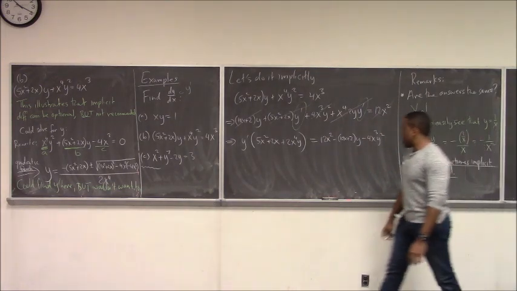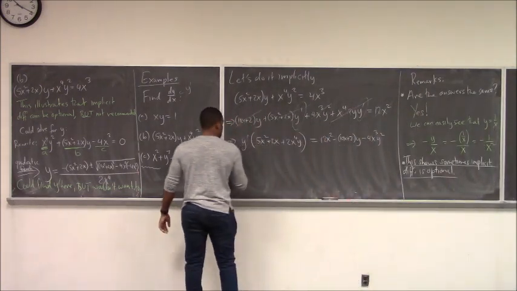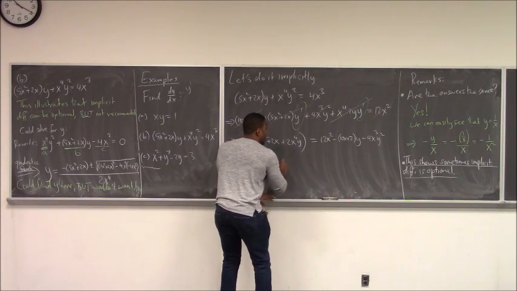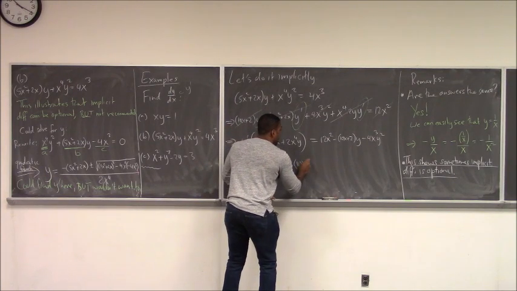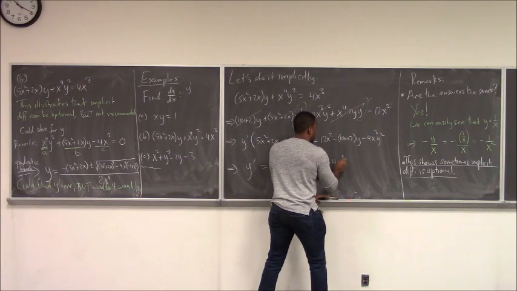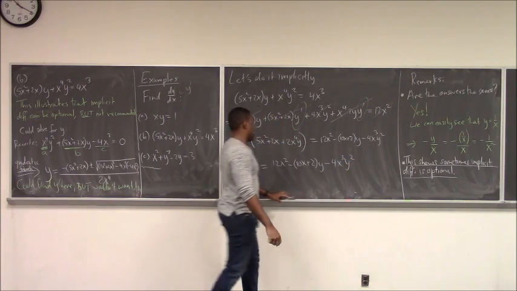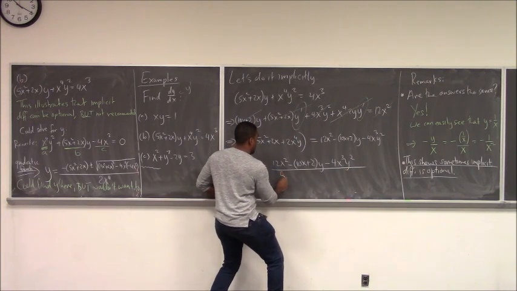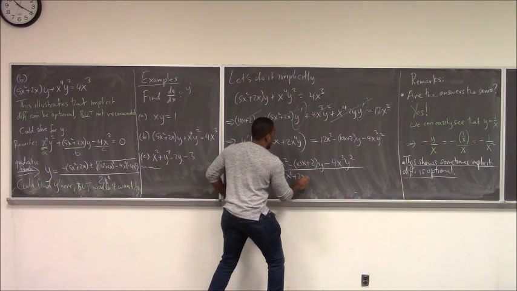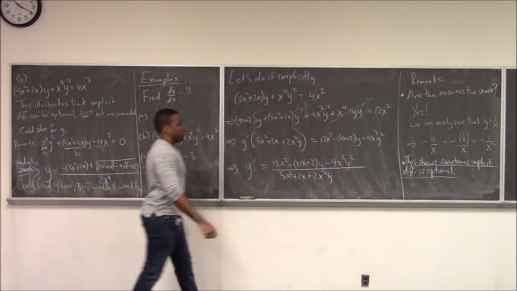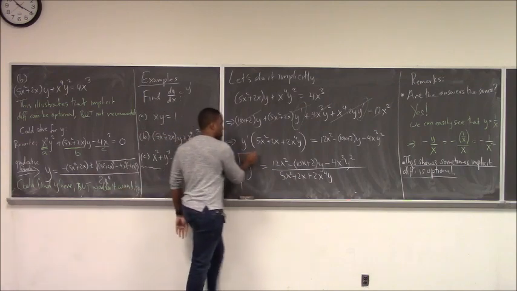And so now to solve for y prime, I can just divide both sides by this. And that will be your answer.